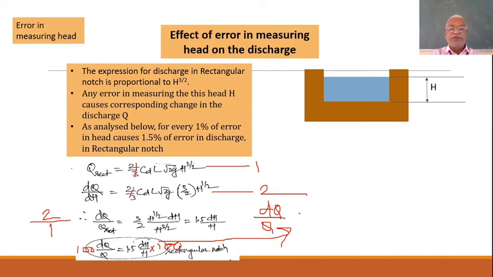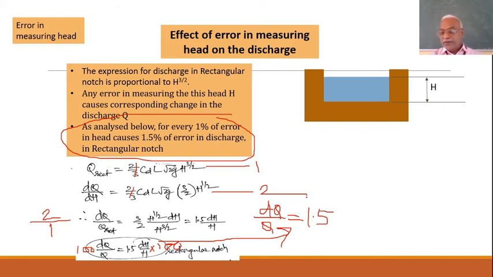So this becomes simply 1.5. Means what? Percentage. So this statement holds good now. That is, for every 1% of the error in head causes 1.5% of the error in discharge.